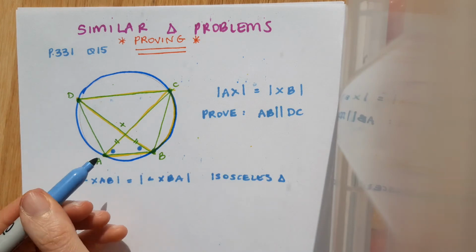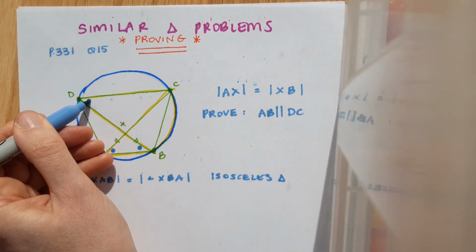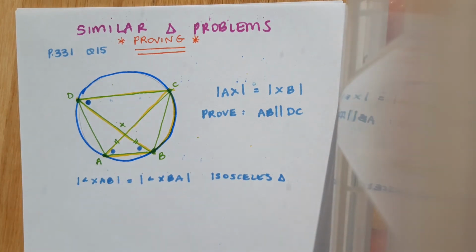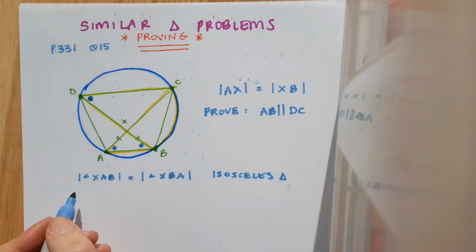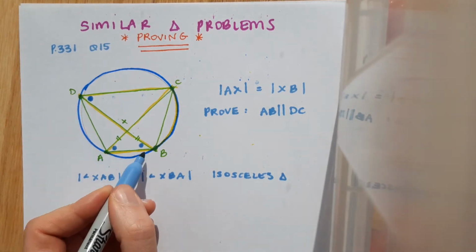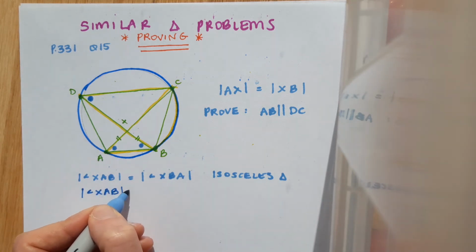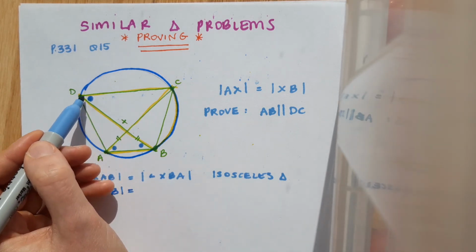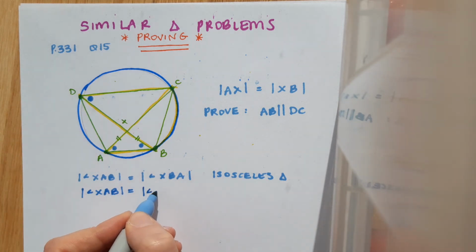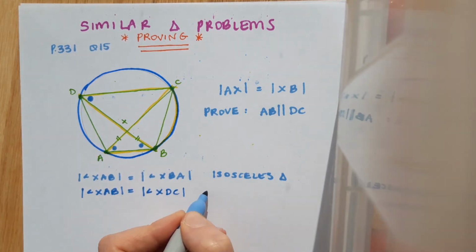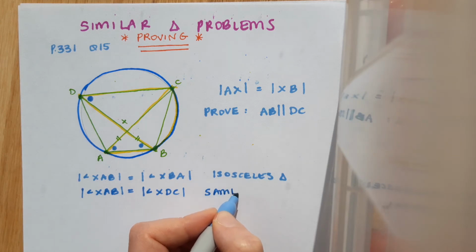I've already marked this guy at A, so I'll just mark this one at D in the same colour. Okay, so what can I say there? Well, I can say that this angle is called the angle XAB. So XAB is equal to XDC because they're on the same arc.